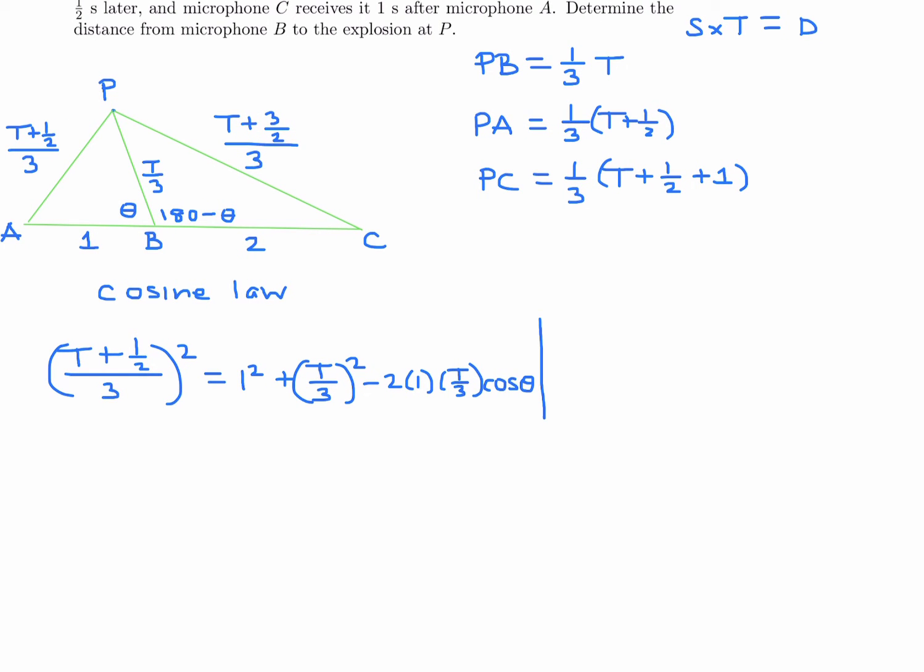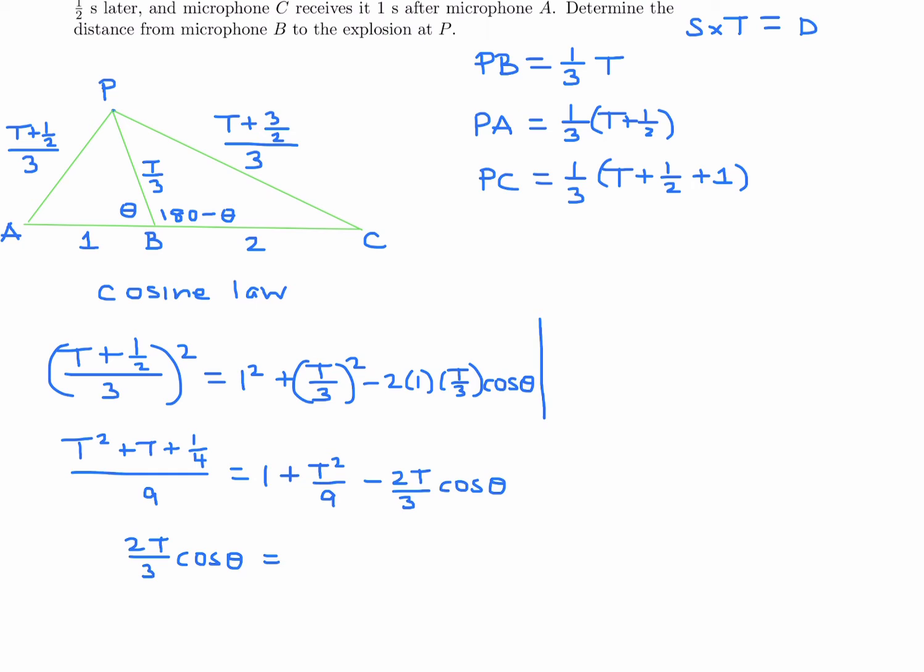And that is going to be (t squared plus t plus 1/4) over 9, and that is equal to 1 plus t squared over 9 minus 2t over 3 cos theta. Let's put the 2t over 3 cos theta on that side, and then let's get a common denominator and add all this up. This is going to be (9 plus t squared minus t squared minus t minus 1/4) over 9.